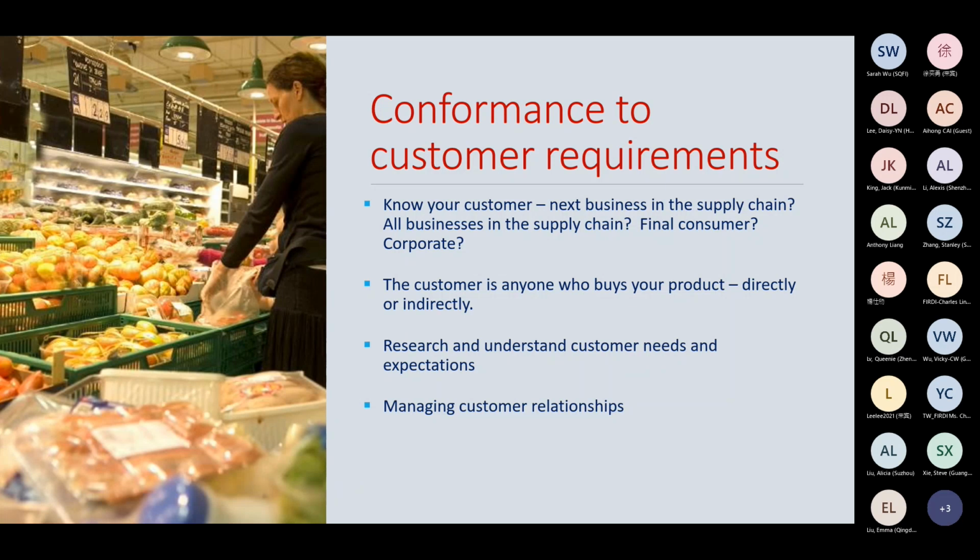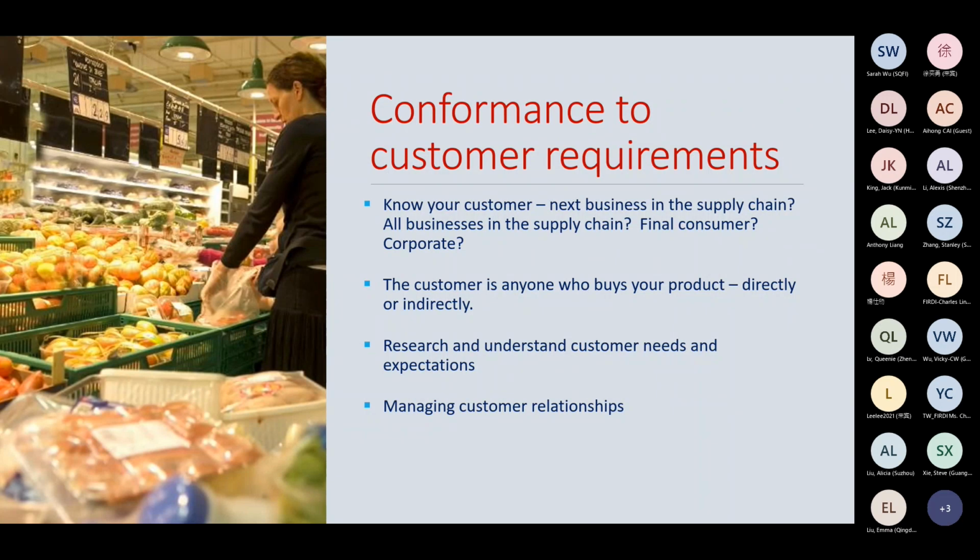Sites need to research and understand customer needs and expectations and to manage the customer relationships. Now, I know when we were researching edition 9 of the quality code, we got a lot of feedback from manufacturing sites saying, we don't do any customer surveys. We don't design products based on our customer requirements.